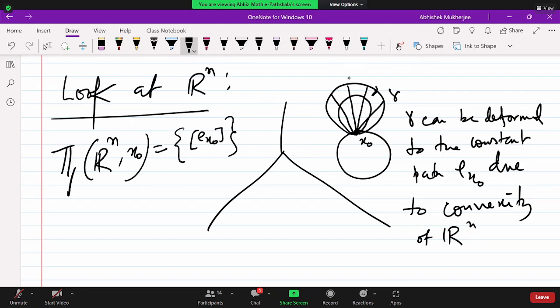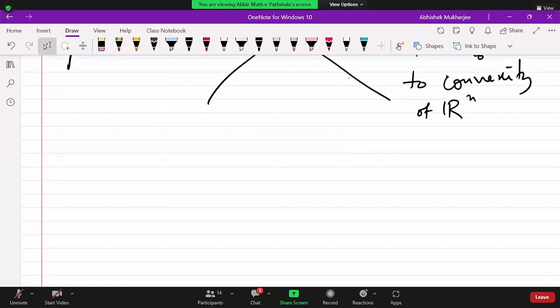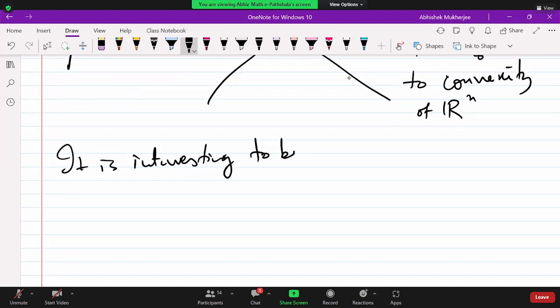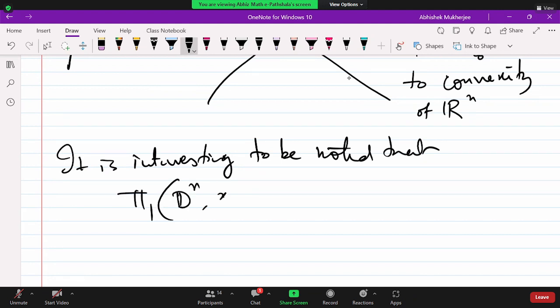Not only Rn, we have already seen that Dn was a contractible space, right? So it is interesting to note that the fundamental group of the closed unit disk based at some point x naught must be a trivial group, right?